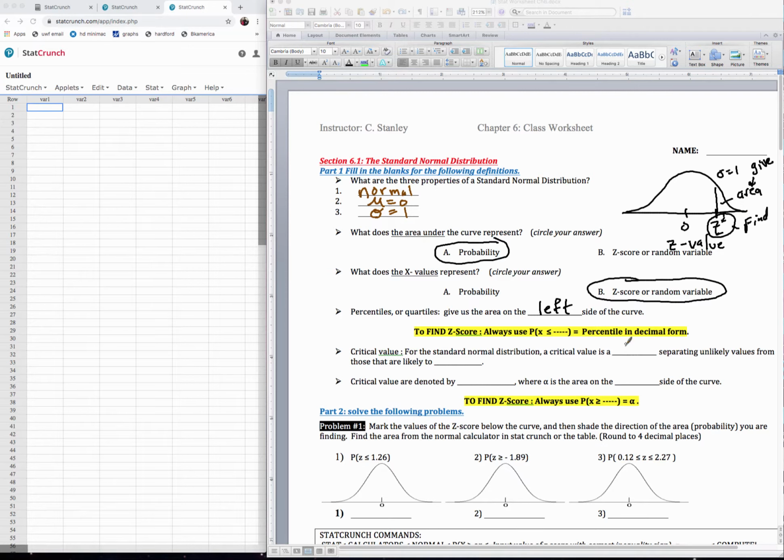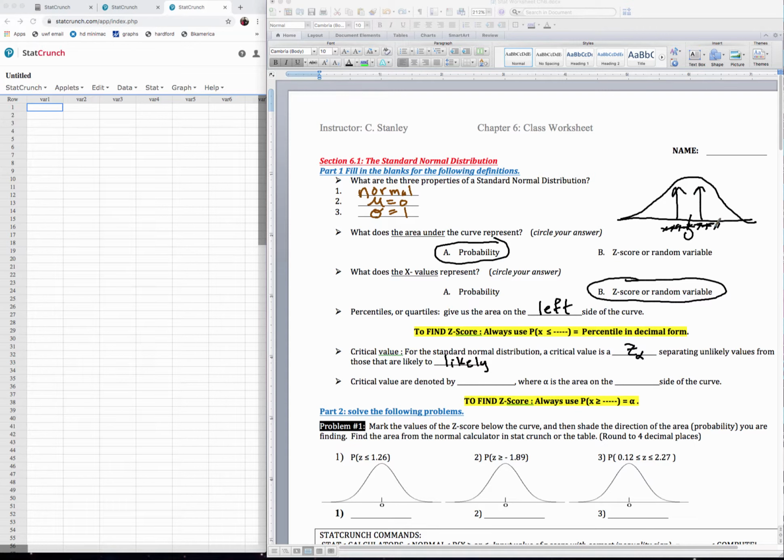In a critical value, and we'll call this z alpha, it separates unlikely values from those that are likely. Essentially, anything around here is stuff that normally happens. That's why the peak's so high.